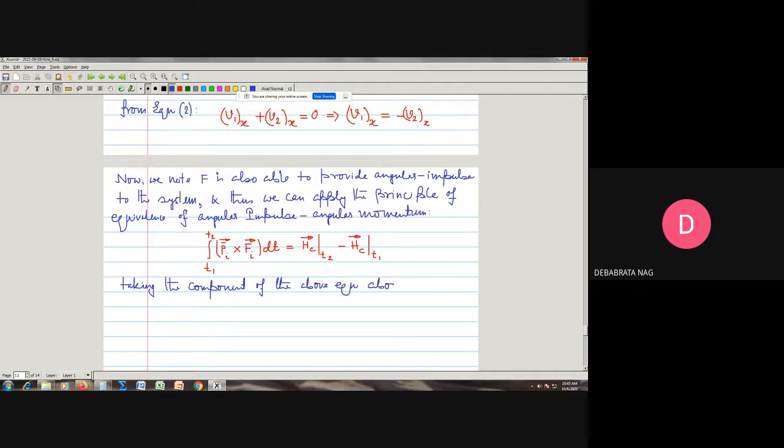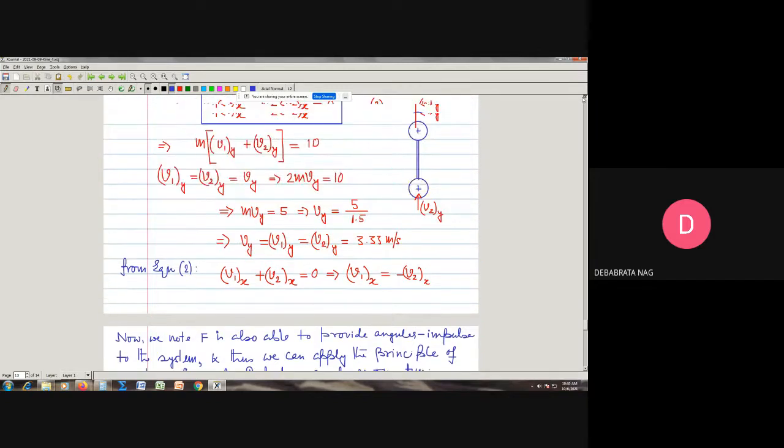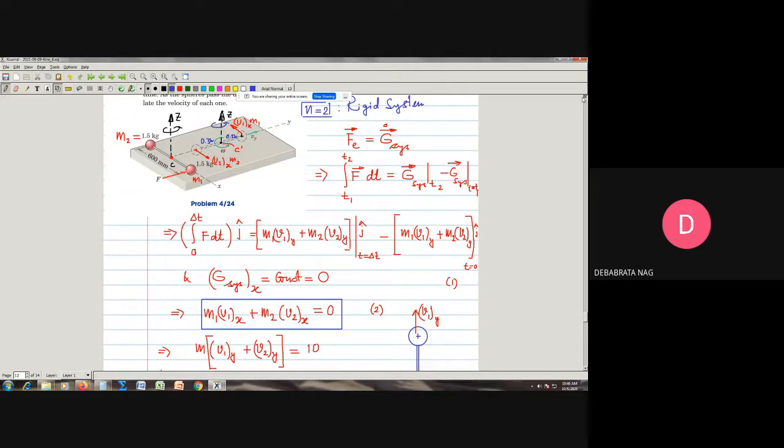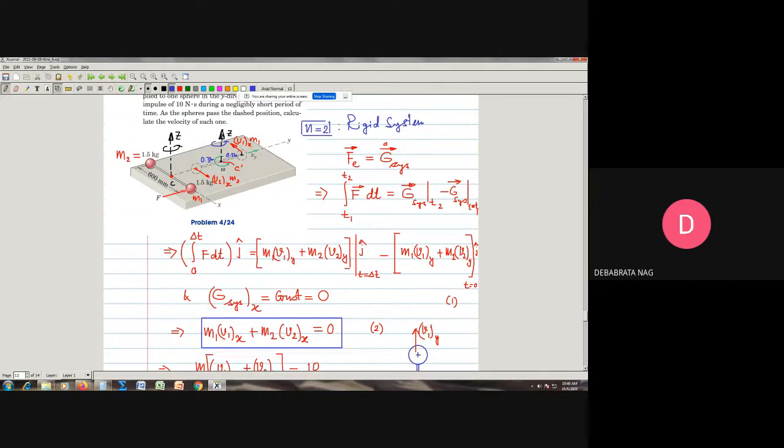In fact, if you express it vectorially, it will be only about the z-axis, because this entire moment and this entire impulse will be about the z-axis only. You see, this force is along the y direction, and the moment arm is along the x direction.